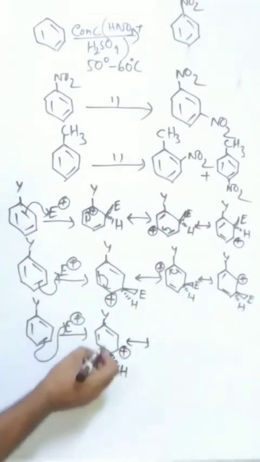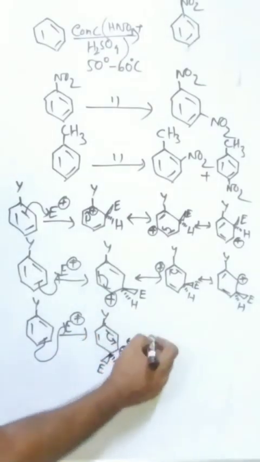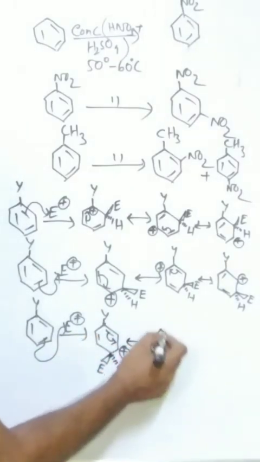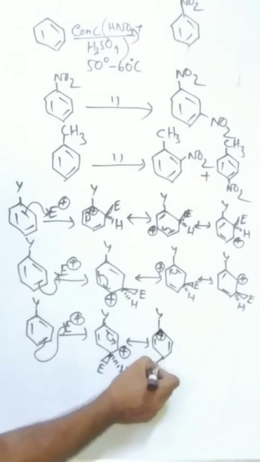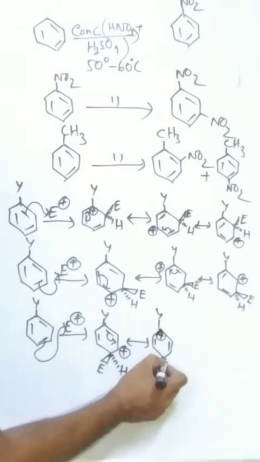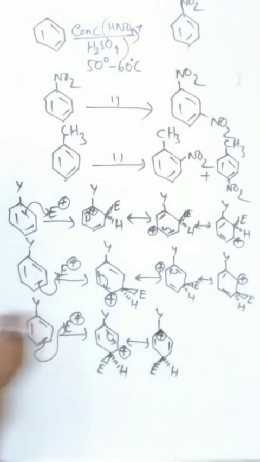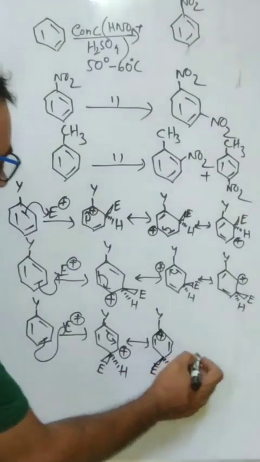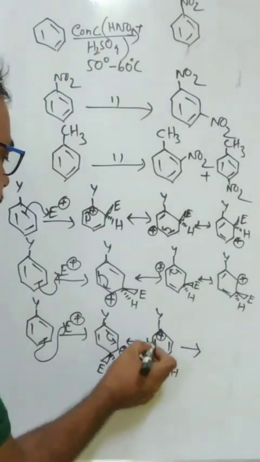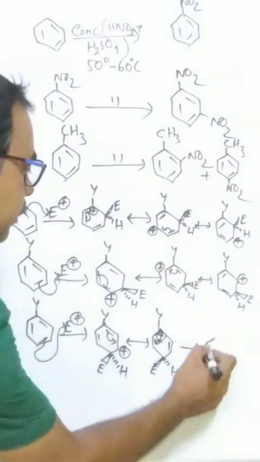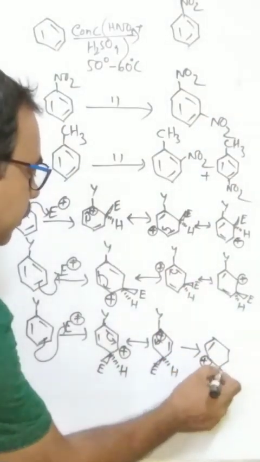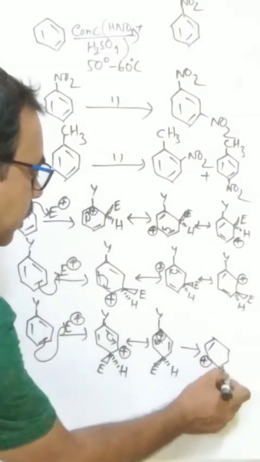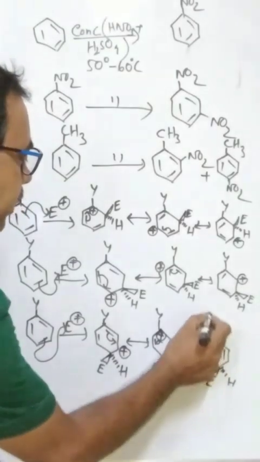The next resonating structure will have the electrophile, hydrogen, double bond, and that substituent.